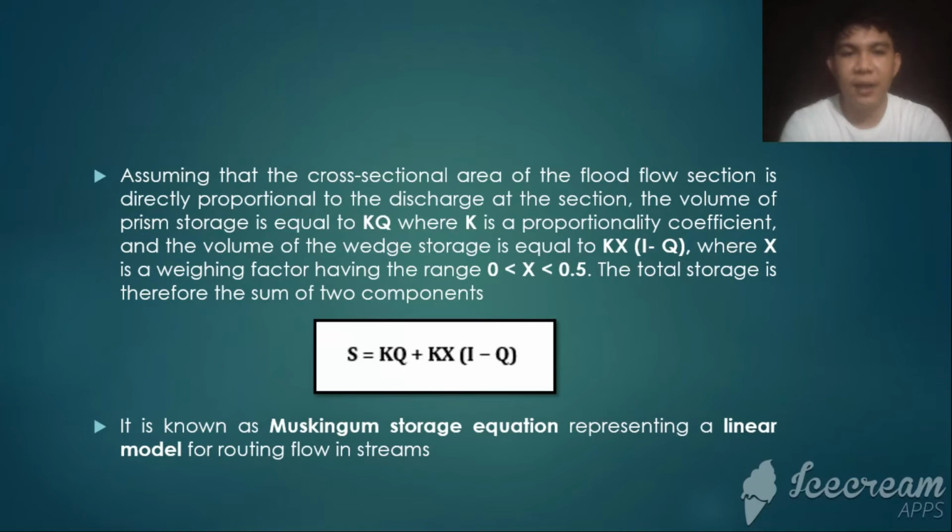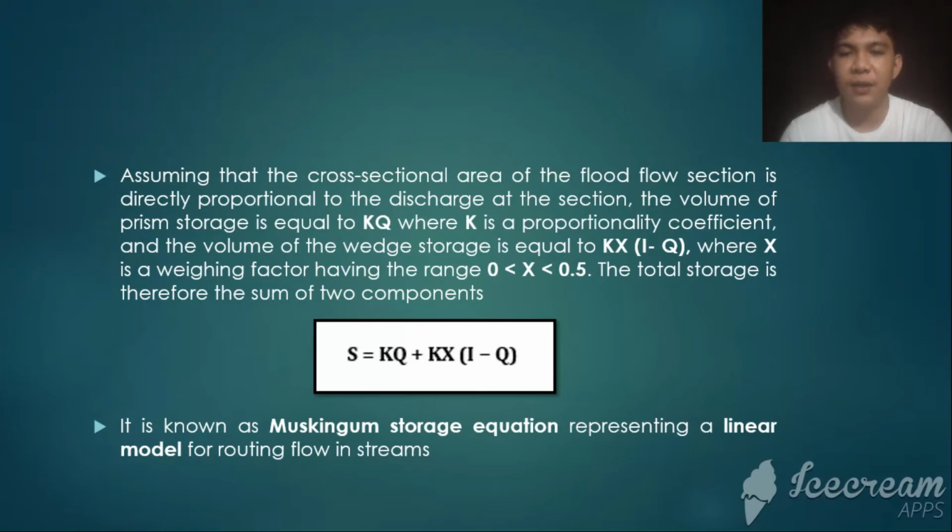So assuming that the cross-sectional area of the flow section is directly proportional to the discharge at the section, the volume of prism storage is equal to KQ, where K is a proportionality coefficient, and the volume of wedge storage is equal to Kx times (I minus Q), where X is a weighting factor having the range 0 less than X less than 0.5.